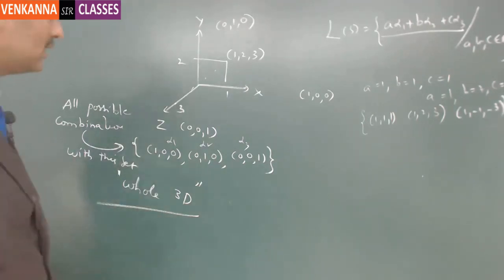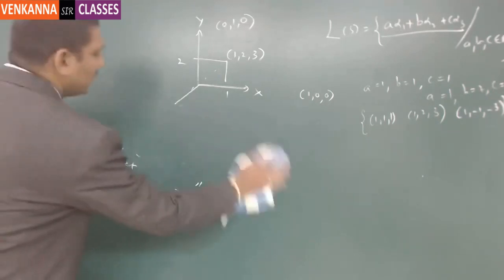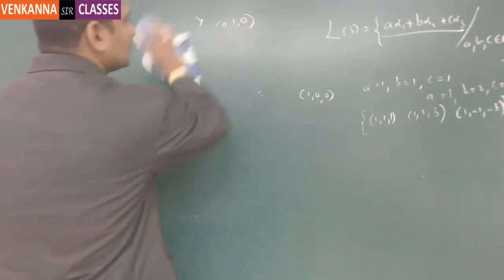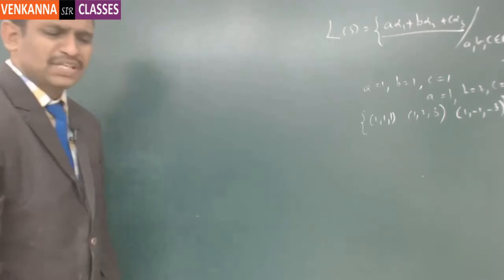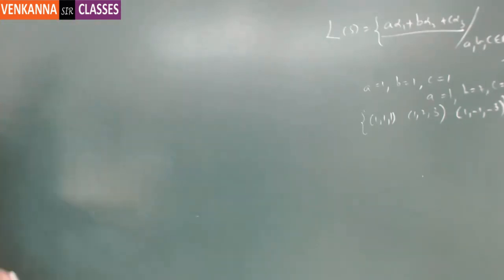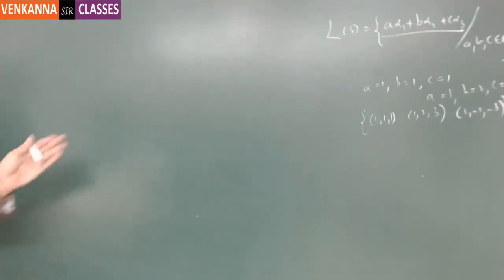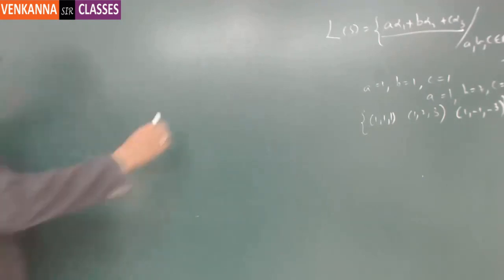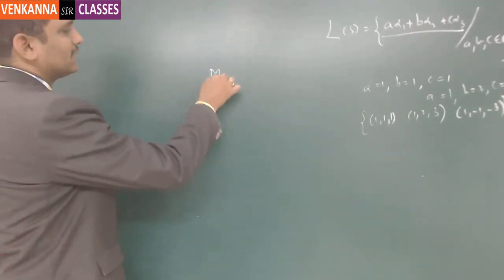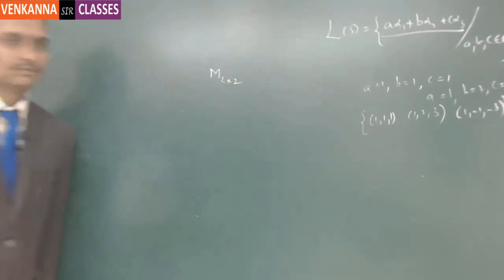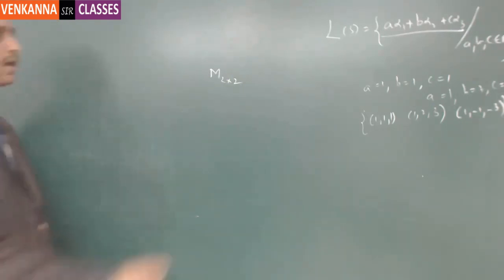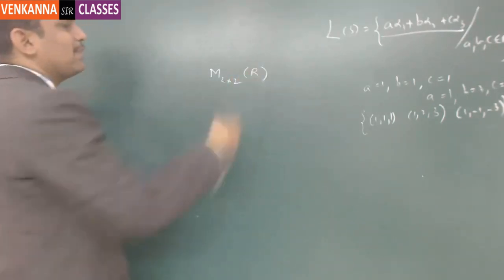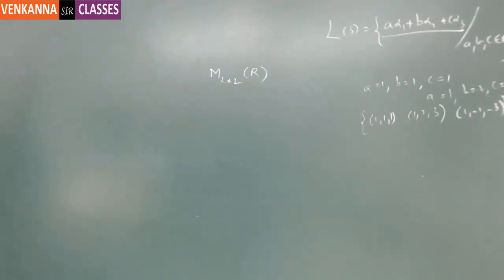Let me say one good example for you. Without the geometrical interpretation, you can understand like this. Please understand, spanning sets are so many. You can have so many spanning sets. I took the generalized example. Suppose we have taken all 2 by 2 matrices over the real number system R. That means the entries in the matrix are nothing but real numbers.